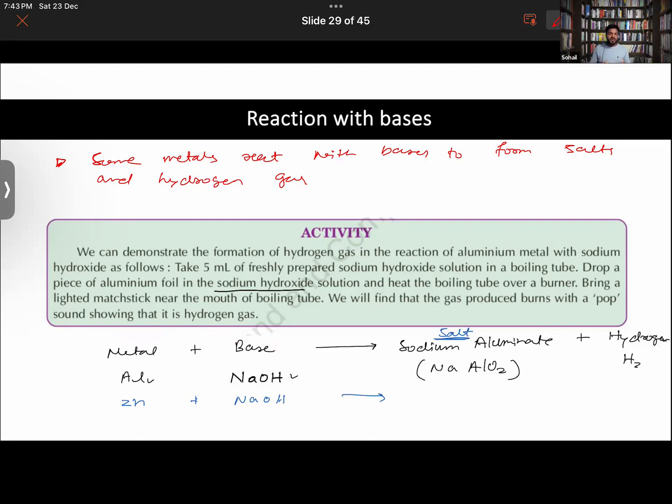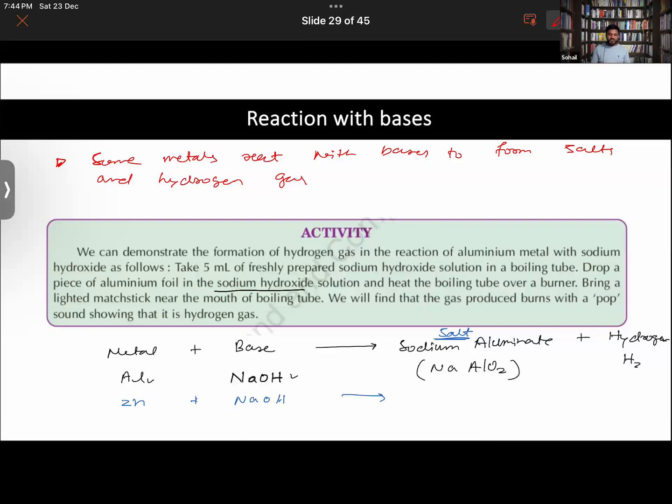My question is what is common between the reaction taking place between a metal and a base, and the reaction taking place between a metal and an acid. Hydrogen gas is common. There's one more thing common: salts. In both cases, salts are being formed.